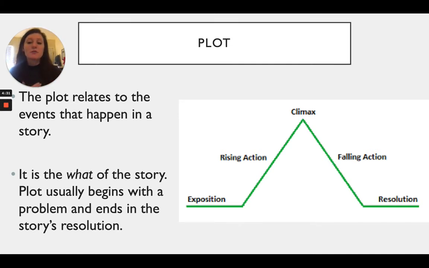And so now we know the answer to it. And then we start to go back down to the falling action, so opposite the rising action. And with the falling action, then everything starts to get kind of worked out and situated. And then the resolution is the end of the movie or the book, where we now know the answer and everything is great.